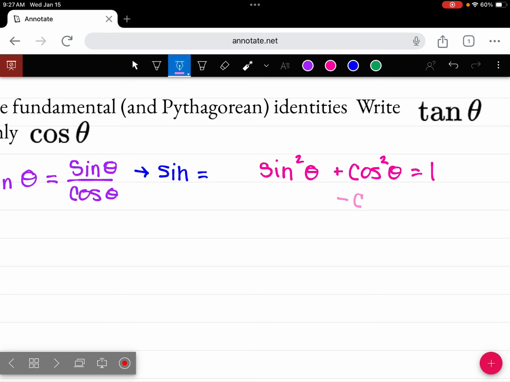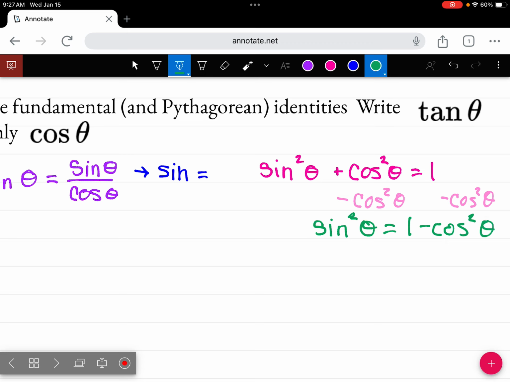Subtract cosine squared theta from both sides. That's going to give us sine squared theta equals 1 minus cosine squared theta.